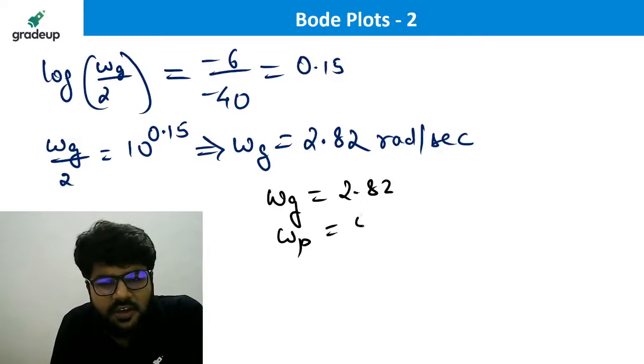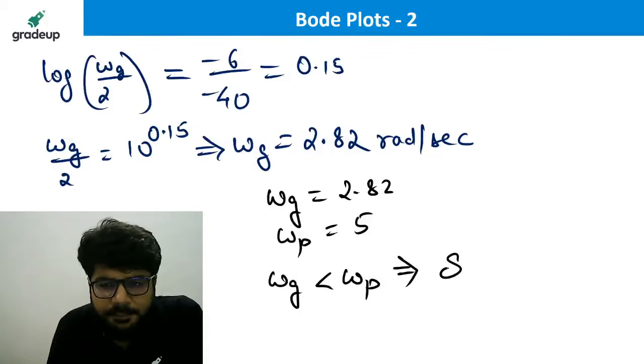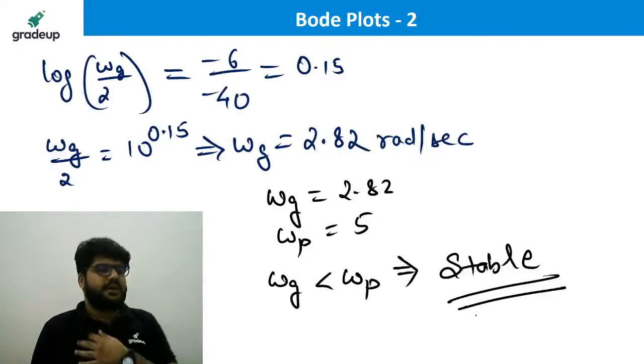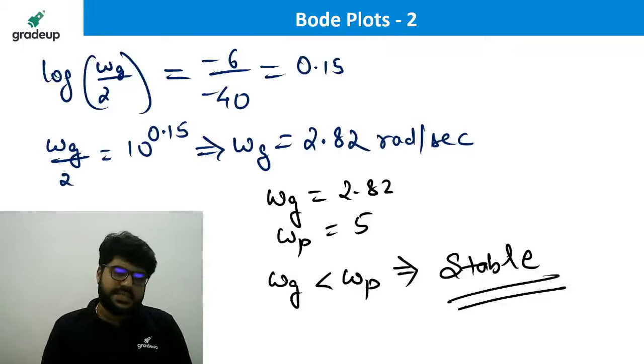By the comparison of omega g and omega p, I told you one method yesterday. Omega g is less than omega p, meaning that the system is stable.